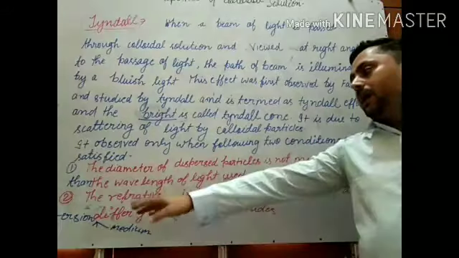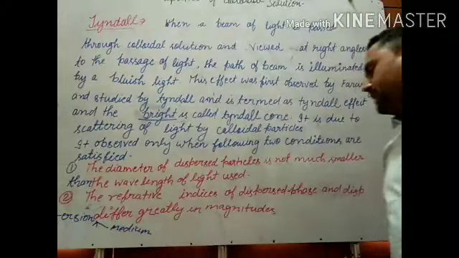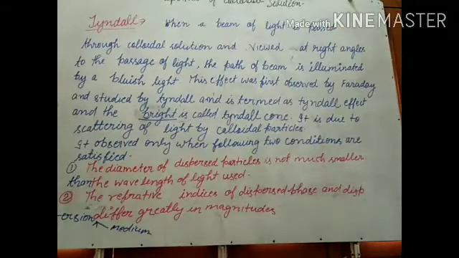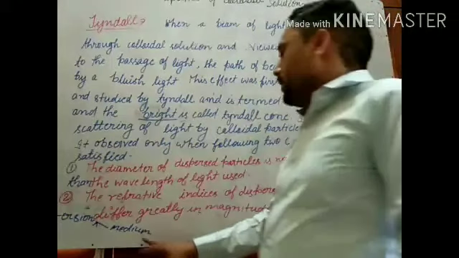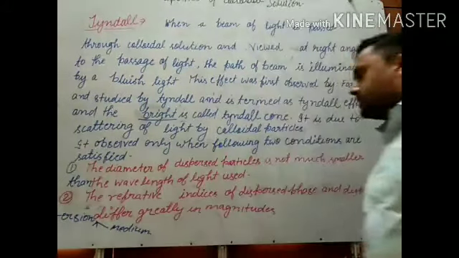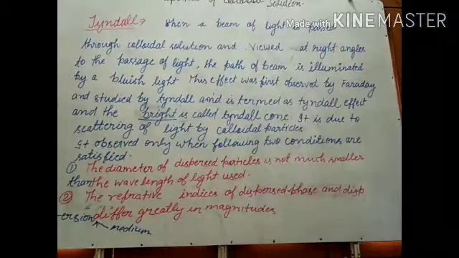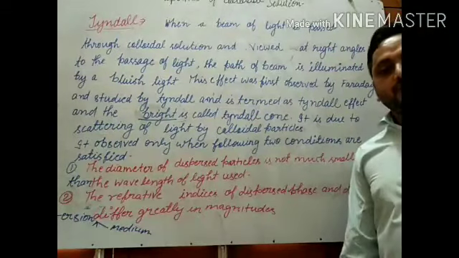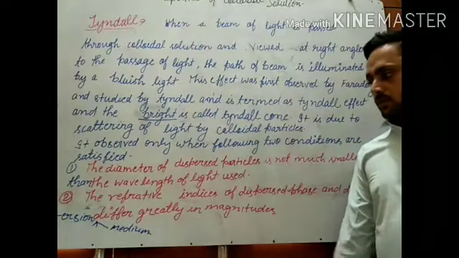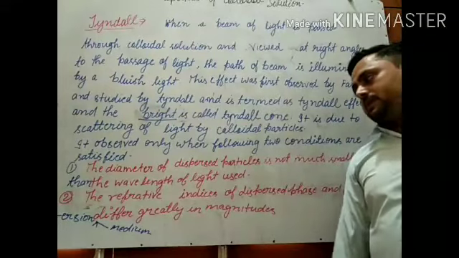Second, the refractive indices of the dispersed phase and the dispersion medium differ greatly in magnitude. You will study refractive indices in physics, so you may ask your physics teacher.